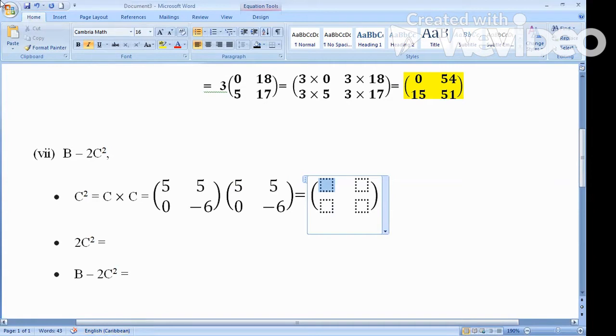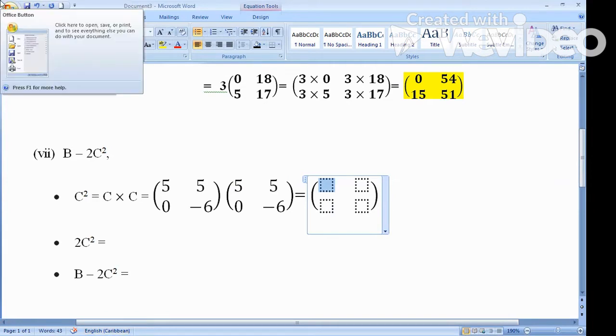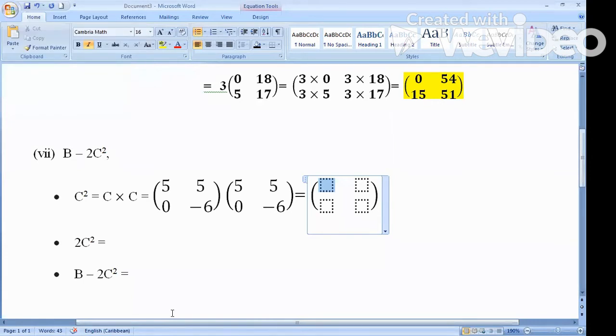But so far, I think I'm doing a pretty good job presenting the information to you. My handwriting is not working at all, so I'd rather use this. It's a bit tedious, but at least you're able to see it, it's presentable.